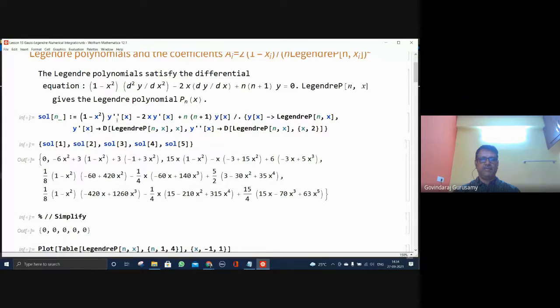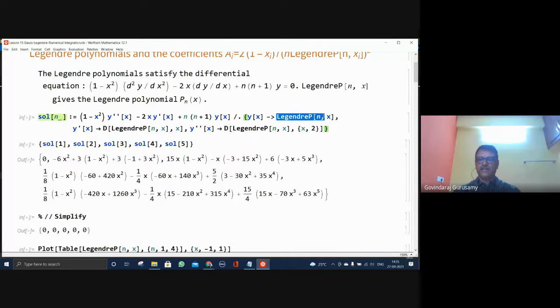You have here y double prime, y prime, and y, which is y of x. What I'm going to do now is take this y from the Legendre polynomial P of n comma x, and then the derivative is taken with the differential d with respect to x, and again twice, so the second derivative is also found.